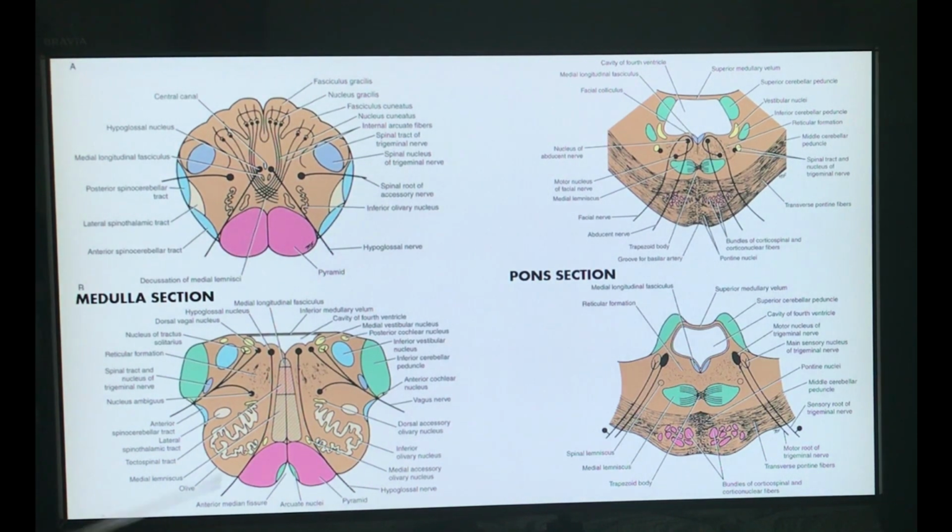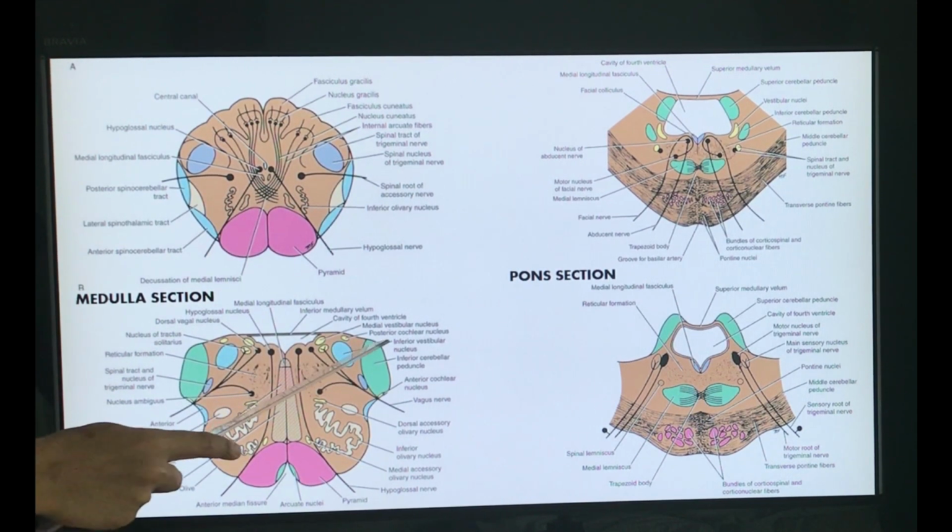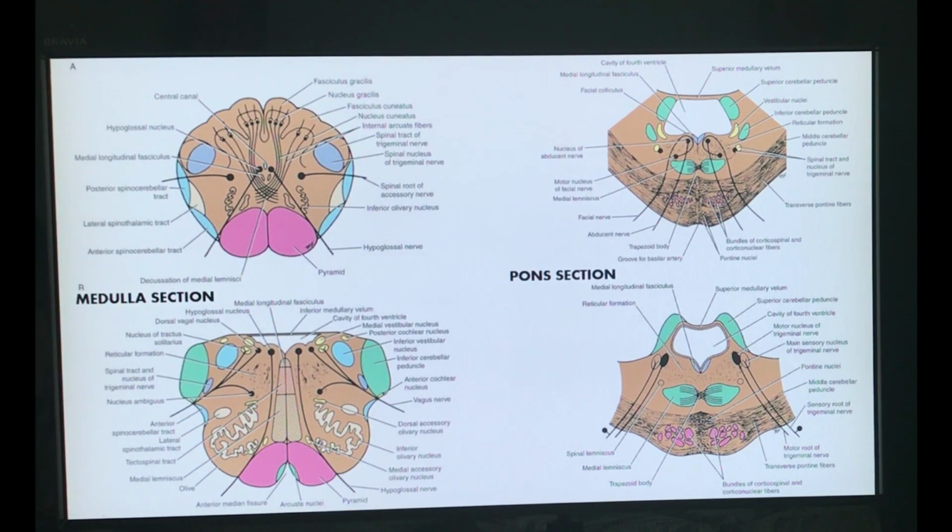Can you see the hypoglossal nucleus over here? The lateral edges have been elongated. This is the basal plate having the motor neurons, and the most lateral ones are the sensory neurons. That's why you see the hypoglossal nucleus present here. It is general somatic efferent, so it is present on the most medial aspect.